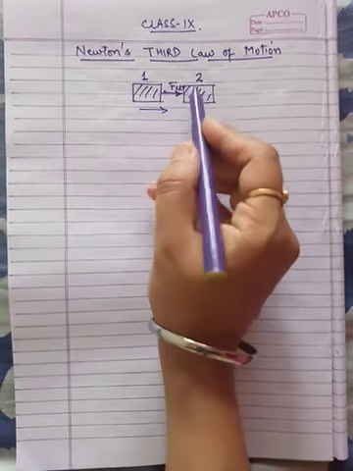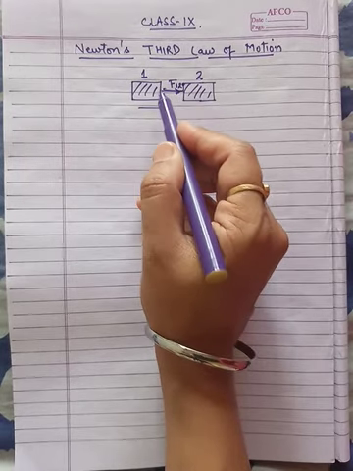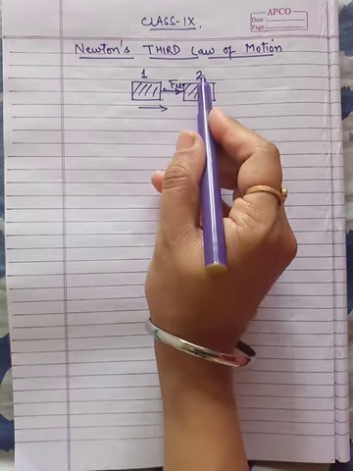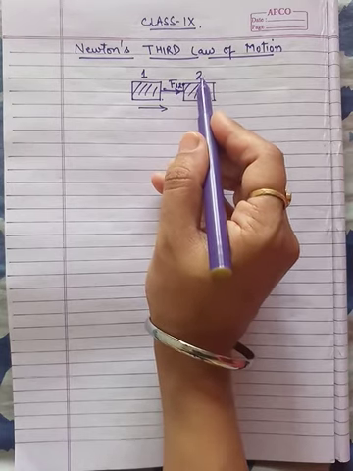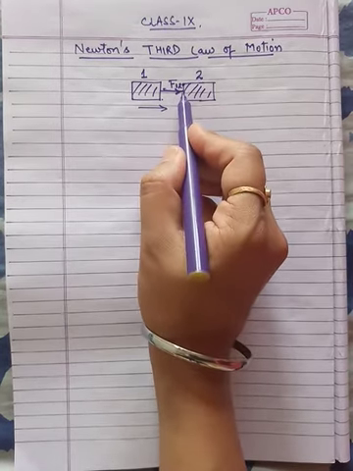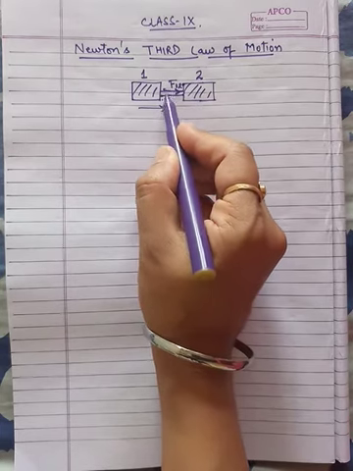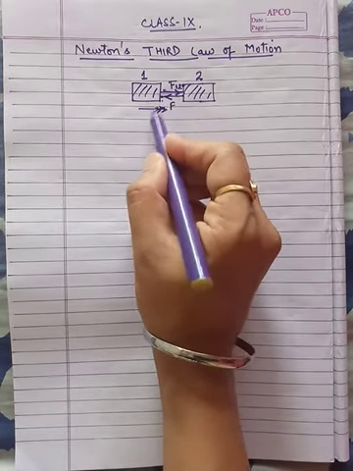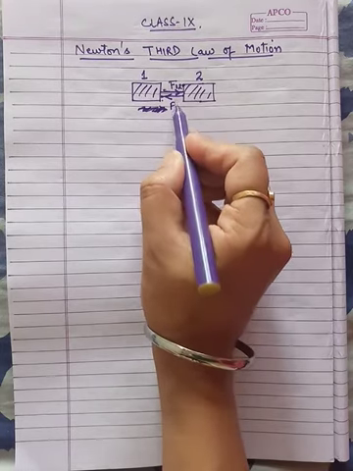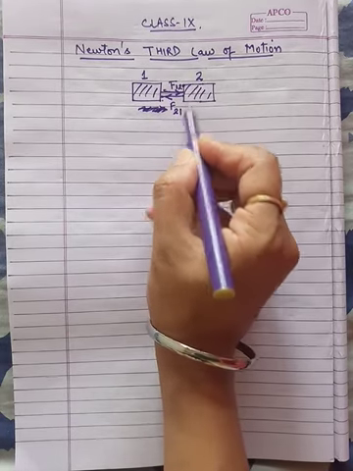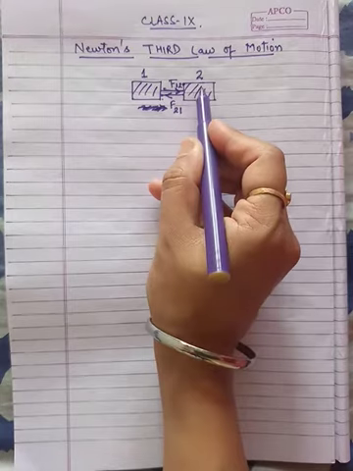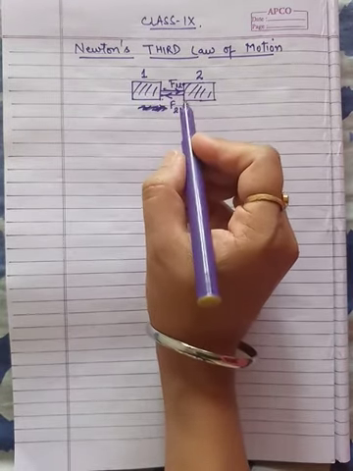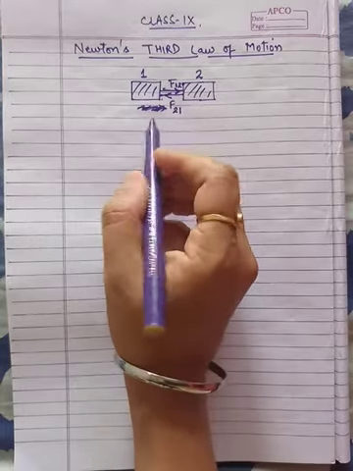Instantaneously, as the second object is experiencing force F1,2, this second object will also exert an equal and opposite force towards object 1, and that will be called F2,1, the force from object 2 towards 1. So these two forces will be equal and opposite forces.